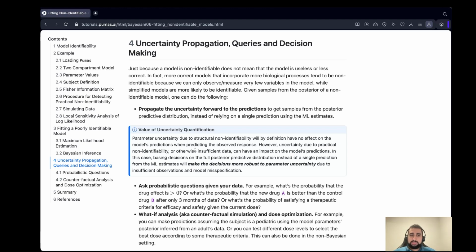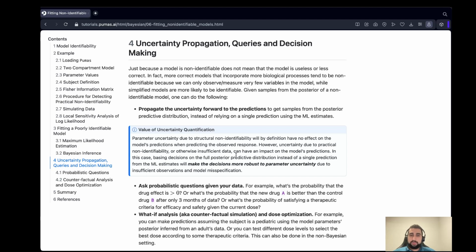And so this is uncertainty due to insufficient data, or practical identifiability issues, which is kind of a similar story. Even if your model is actually identifiable, but you don't have enough data, then those different parameter values in the posterior will have different predictions at the end.